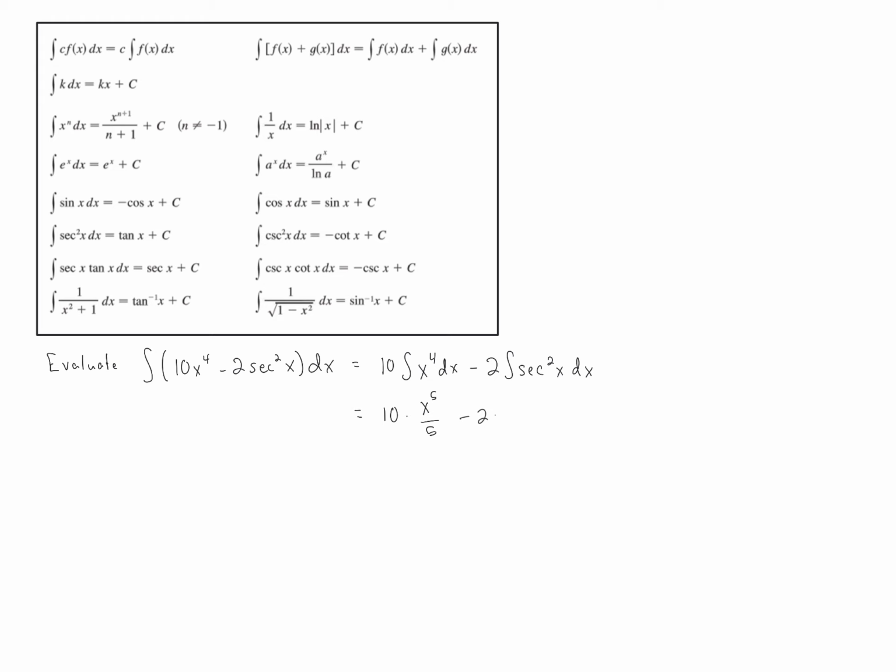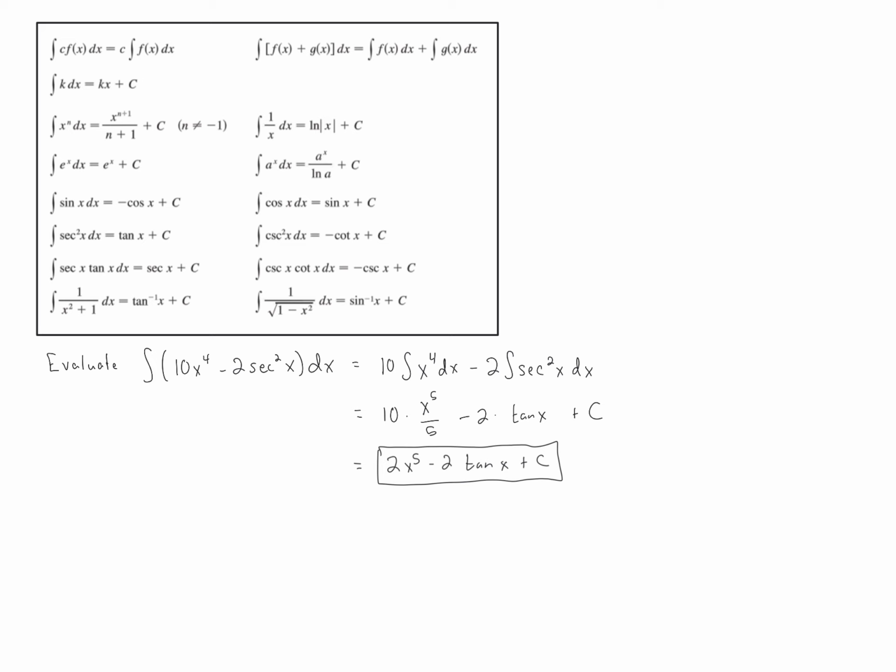You might remember, but if not, you can look in our table up here, and that is going to be tangent of x, and then plus a constant. And we know that in that first term, 10 divided by 5 is 2. So we end up with 2x to the fifth minus 2 tangent x plus a constant.